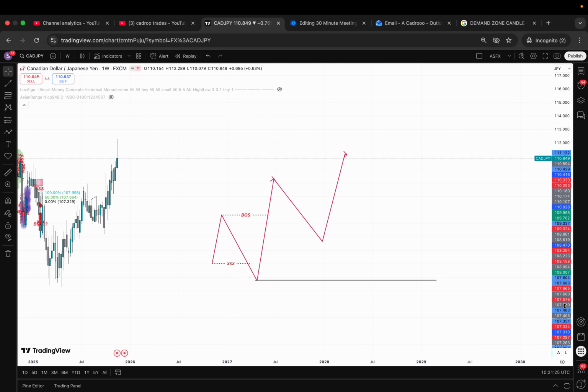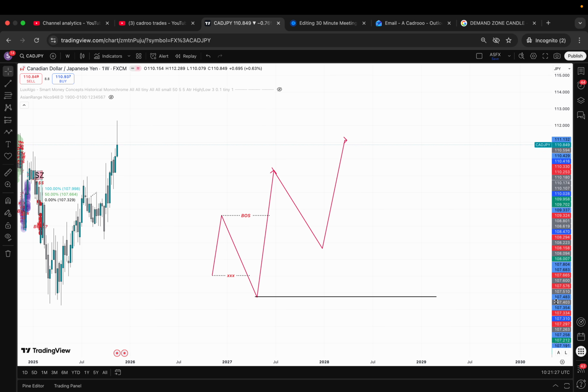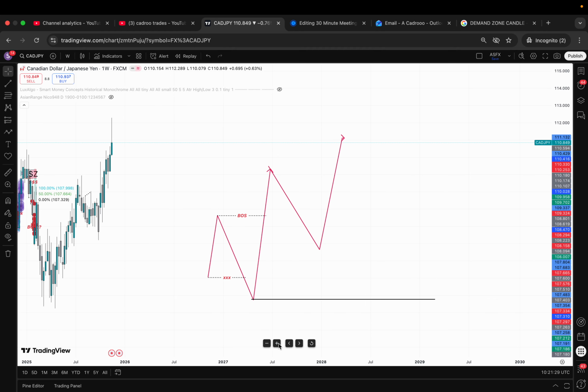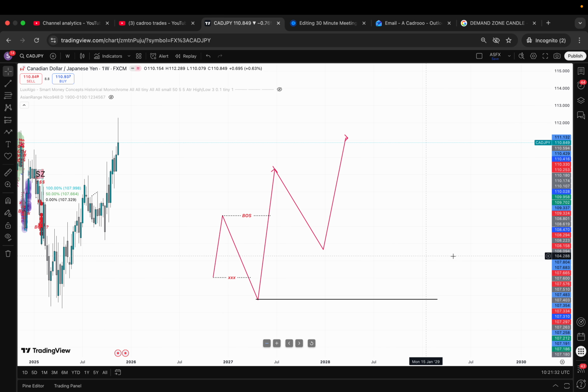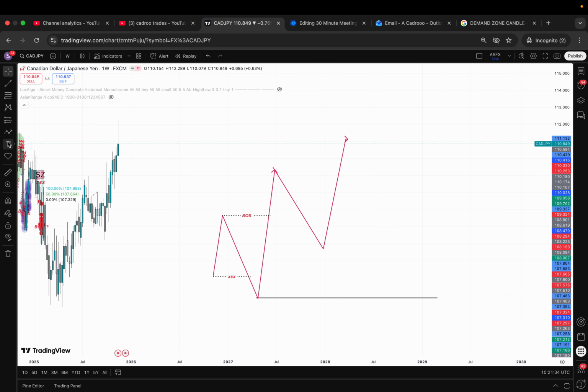So whenever you're looking for buys, price must first sweep liquidity, criteria number 1. Here, checklist number 1, price must sweep liquidity.